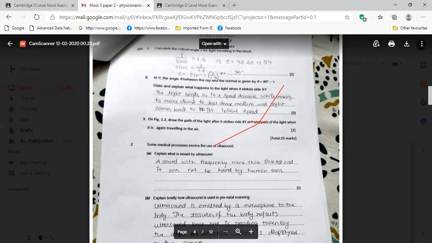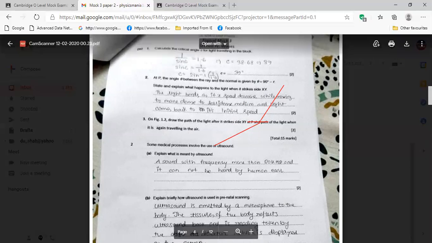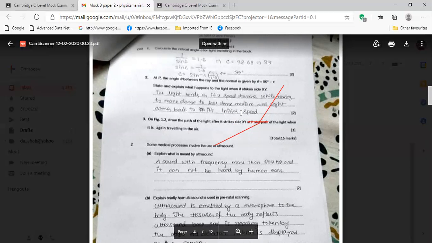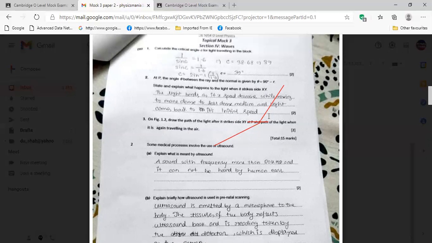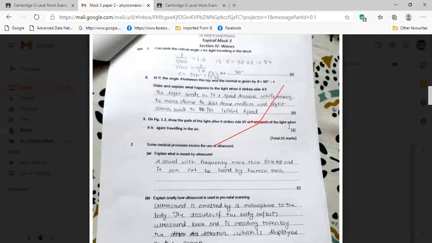The light bends as its speed decreases while moving from more dense to less dense medium, and light comes back to its initial speed. It will be total internal reflection. Yes, sir. So this part you get -2, and also the drawing part you get -2, right? Yes, sir.